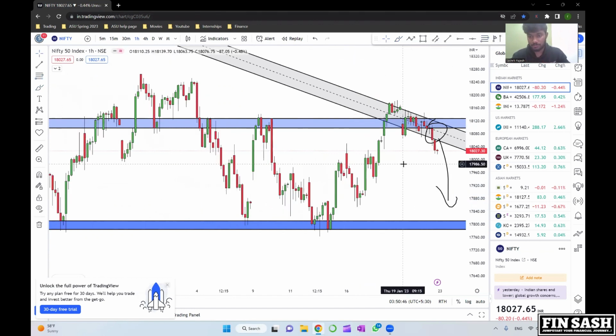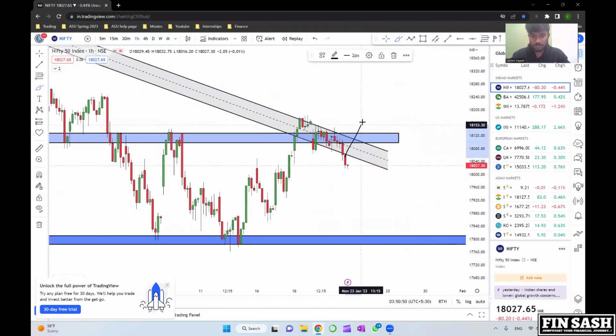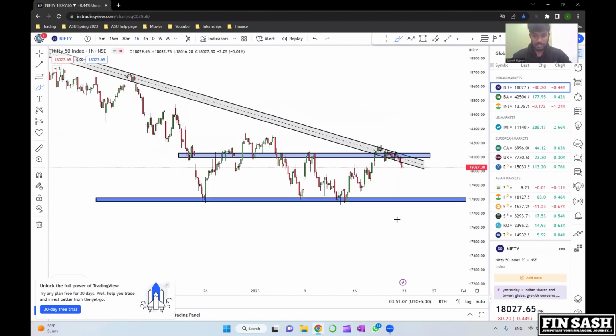Or if the market happens to break this level, and if there's a reversal and it breaks the previous high, I'd go for a bullish trade. But my view for Nifty is towards the down, right? So that's for Nifty, right?